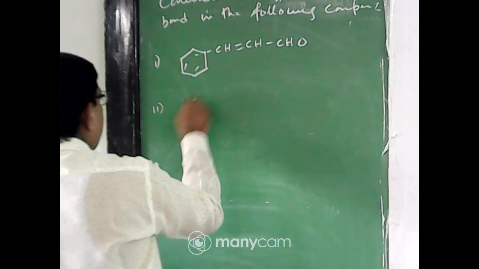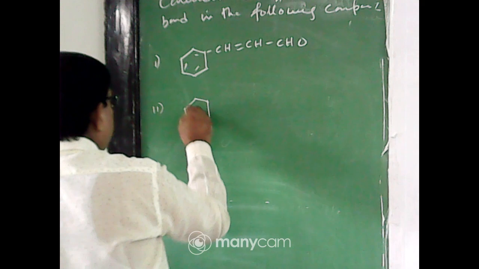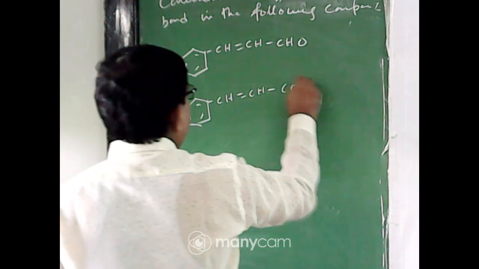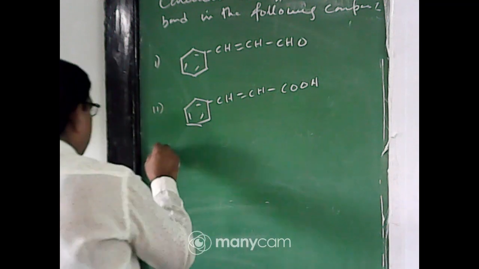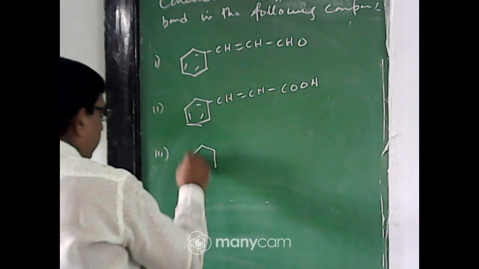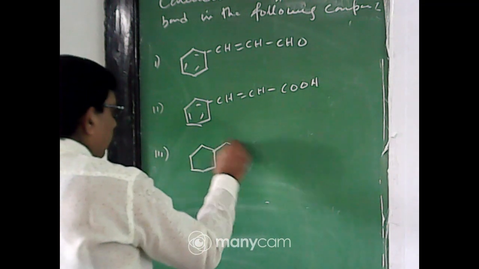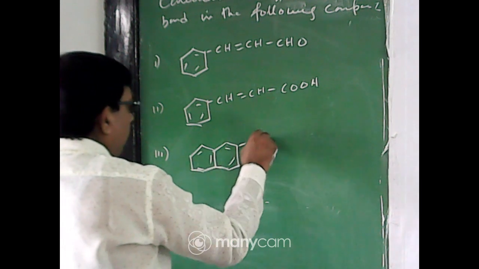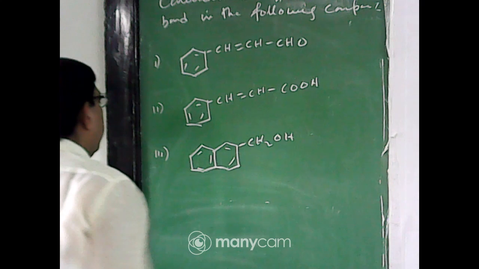Number 2, benzene ring, CH double bond CH, single bond COOH. Number 3, benzene ring, another benzene ring, that is naphthalene, CH2OH.